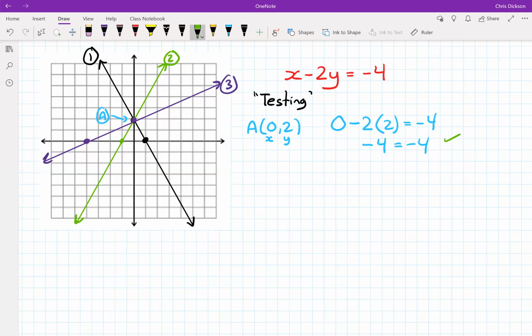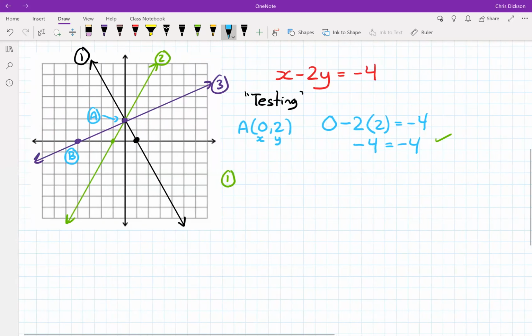And so that verifies what we probably already knew here. So now what I would do is try to plug in these other points and see what we think about that. So let's plug in number 1 first. I'm going to plug in point B, and that point is the x-intercept here.